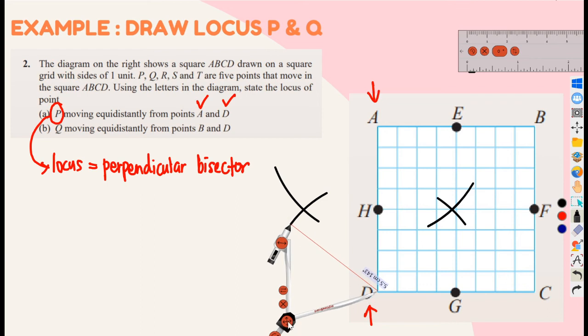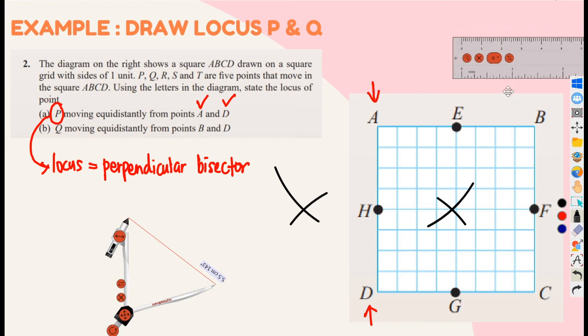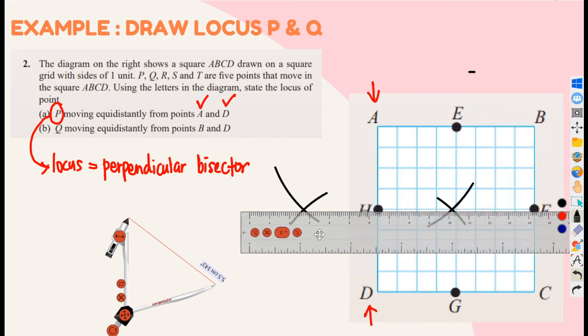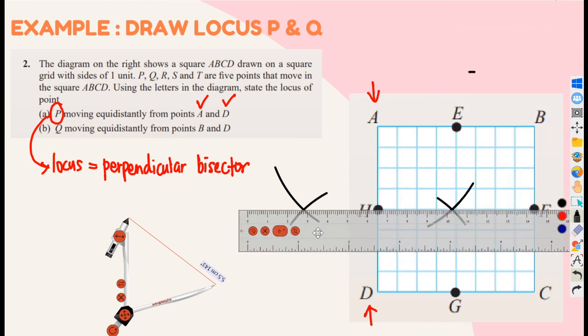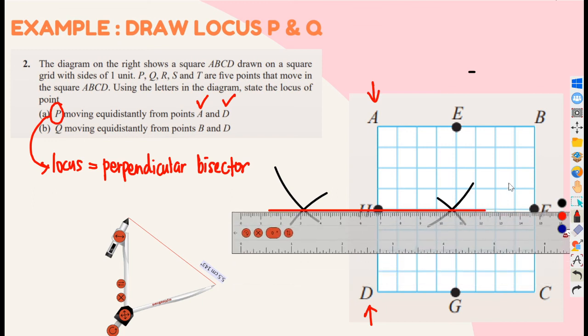Take your compasses and then bring your ruler. Now you draw a straight line passing through these two intersections.